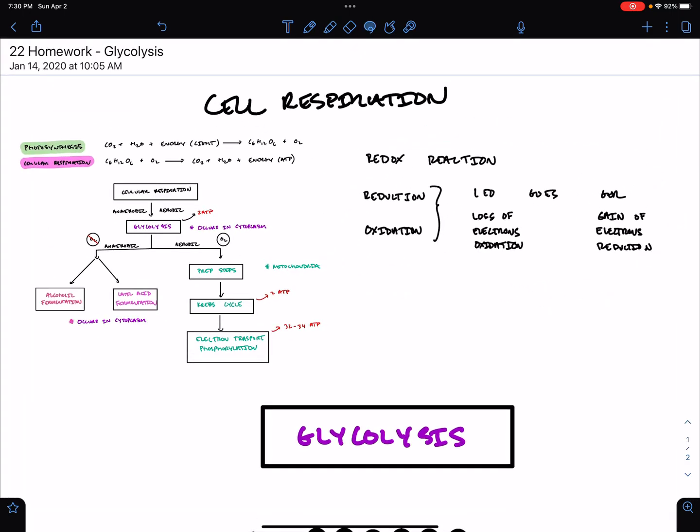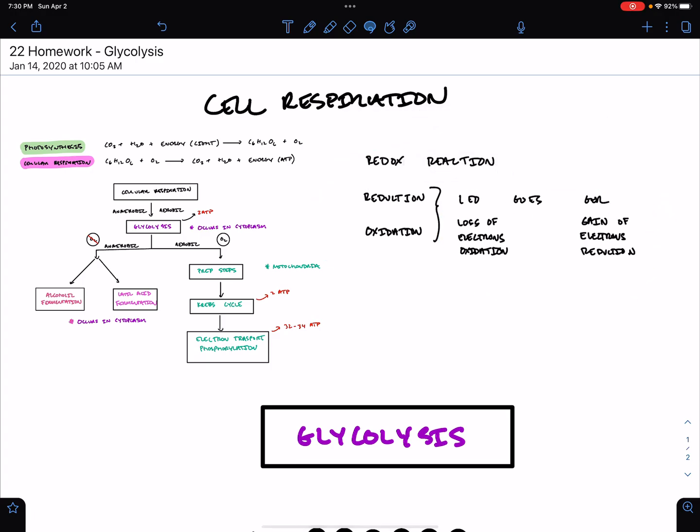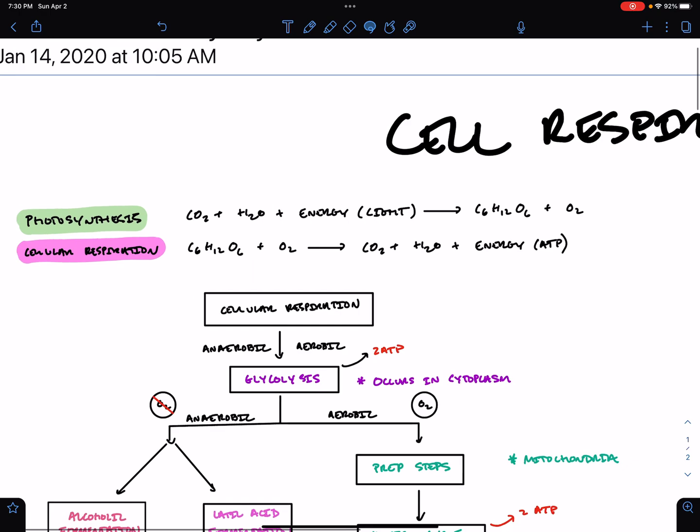This is important because, remember, photosynthesis, when we boil it down to its root, was all about stripping low energy electrons from water. We were exciting them using energy of the sun, and we were fixing carbon to make glucose, but we put those high energy electrons into this molecule. So glucose is storing our high energy electrons.